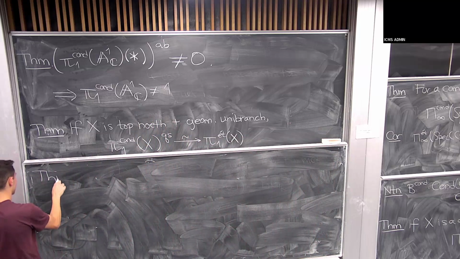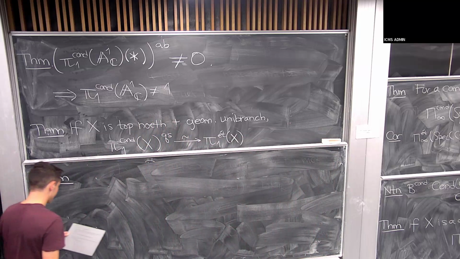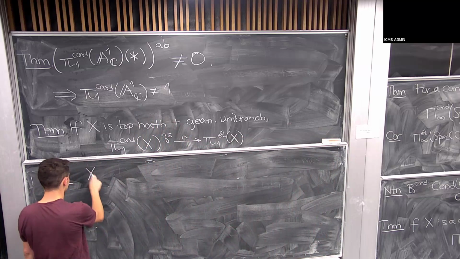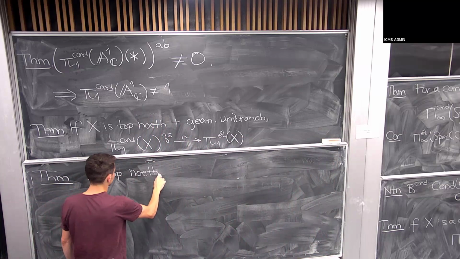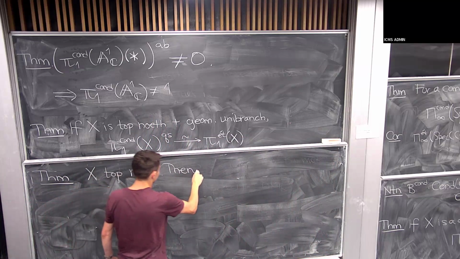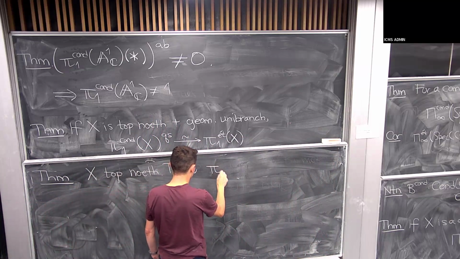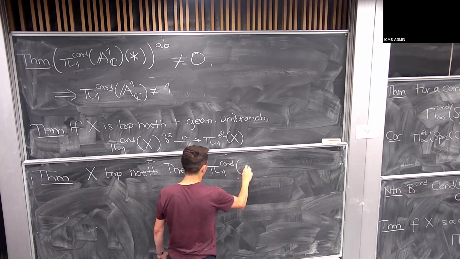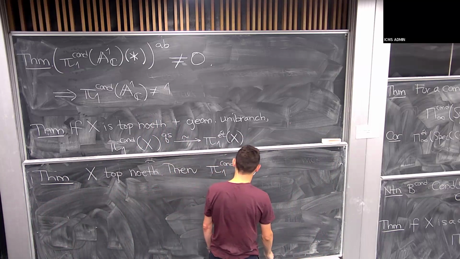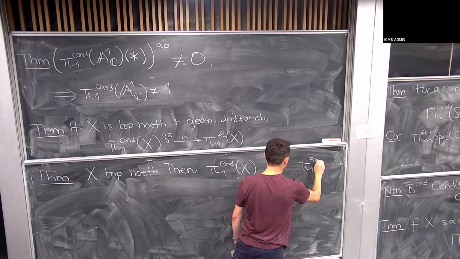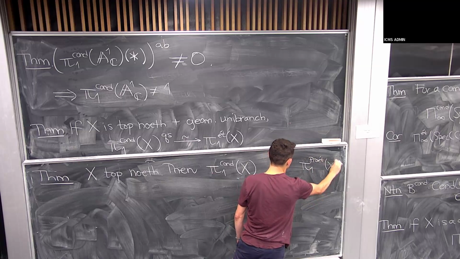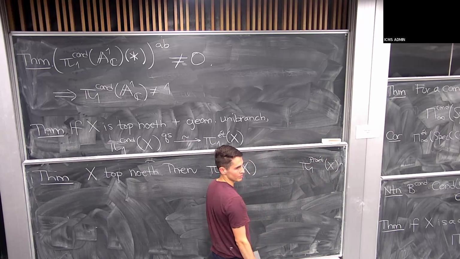The theorem is that if X is topologically Noetherian, then this pro-étale pi 1 has a special property: it's something called a Noohi group.